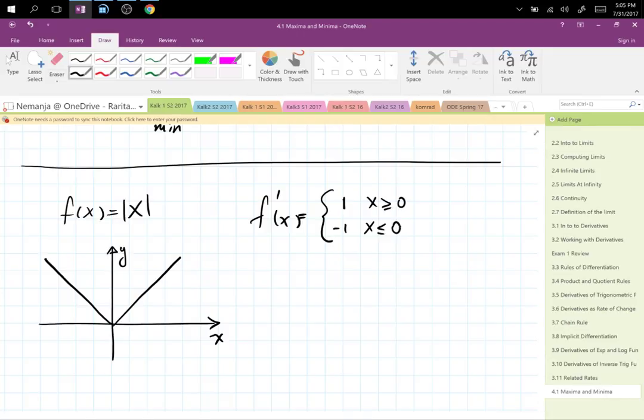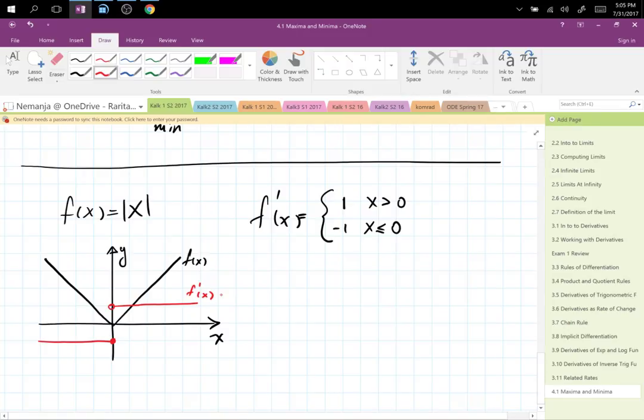Now if I graph the derivative, it's going to look like this. So the black line is f of x, and the red line is f prime of x.